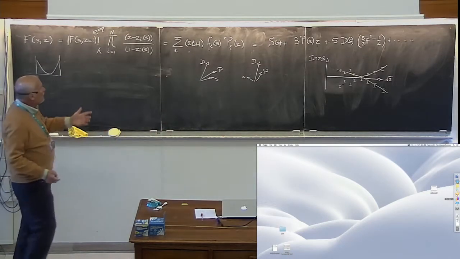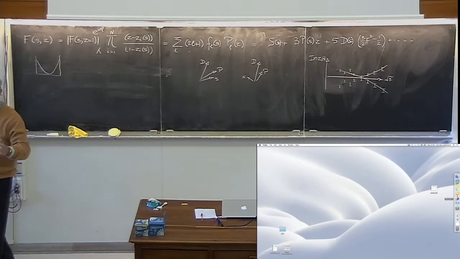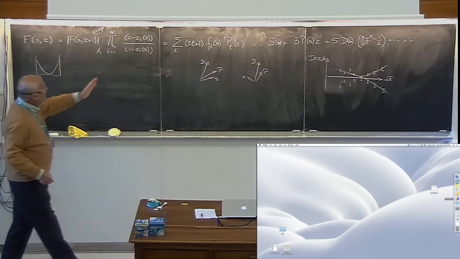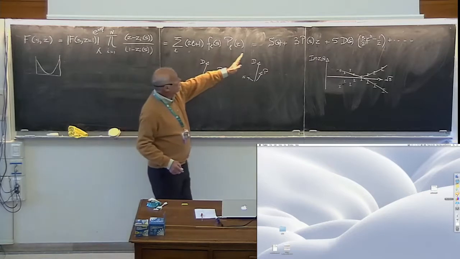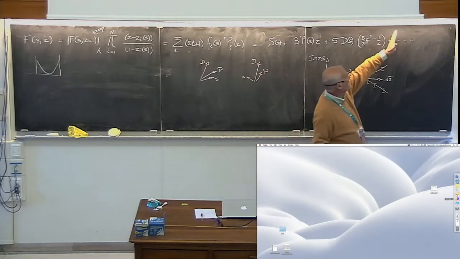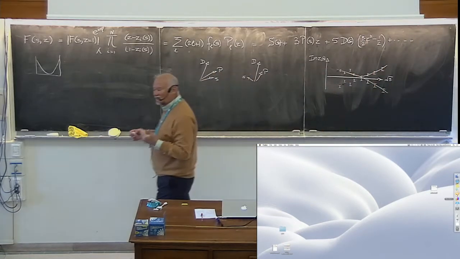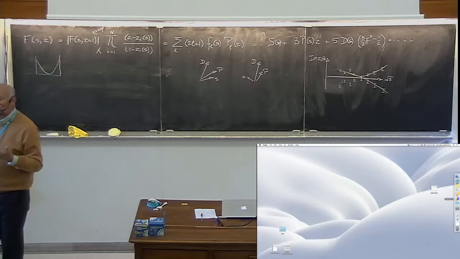So by definition, n is a finite number, 2 or 3. And so this means that the partial waves stop at some point. And it turns out that that is something that it shouldn't be.